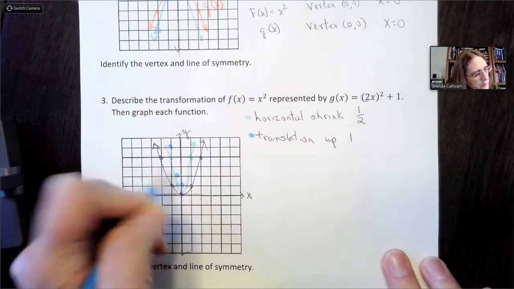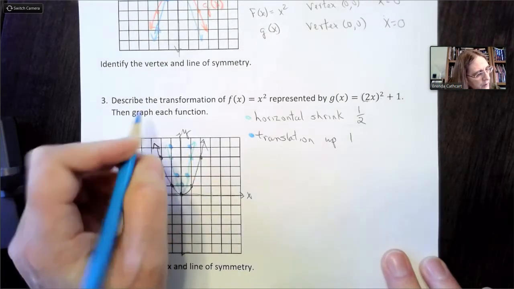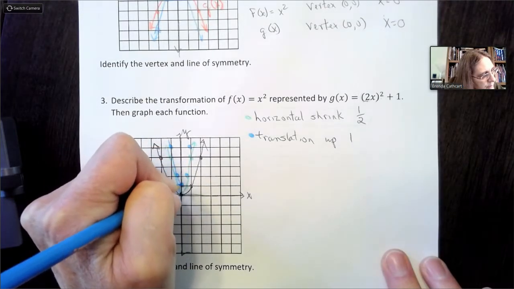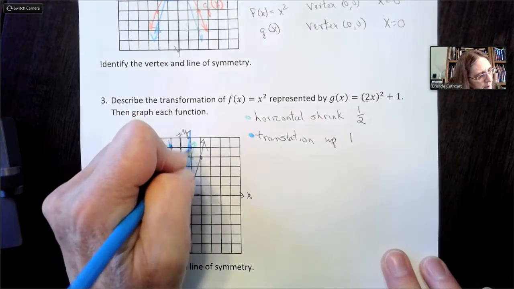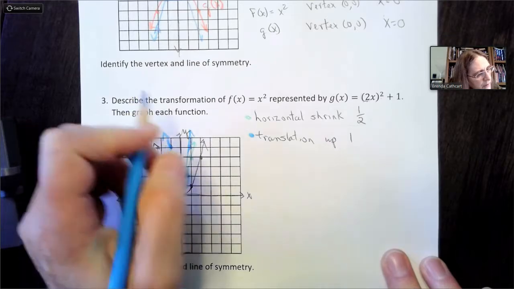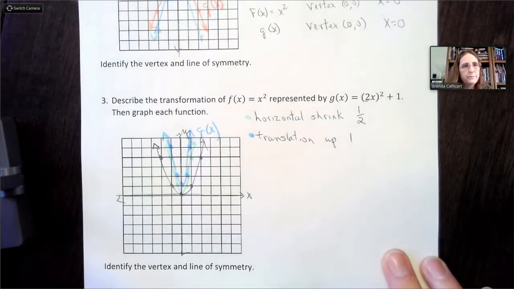Even the vertex moves up 1. All of our coordinates move up 1 to give us our new graph right there. That's our blue graph. That's our g of x, and it's here.